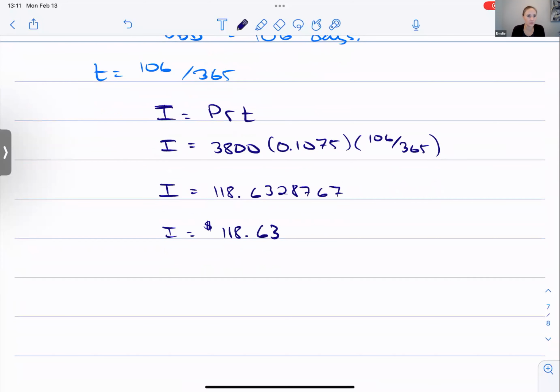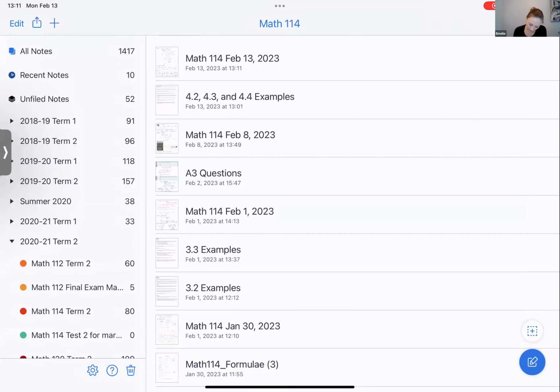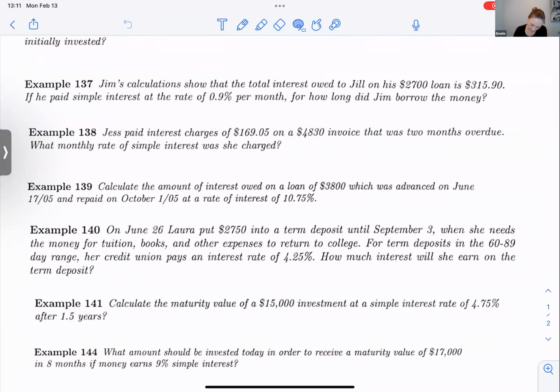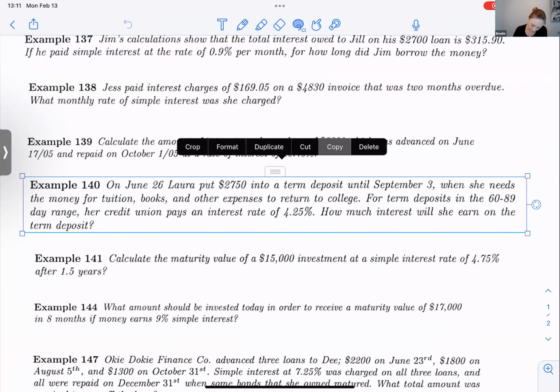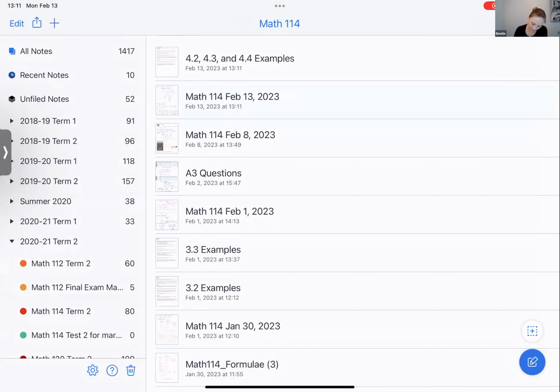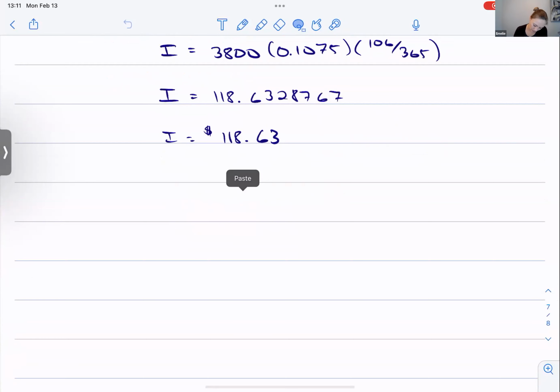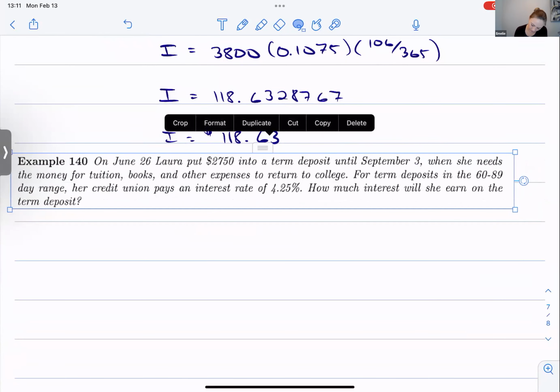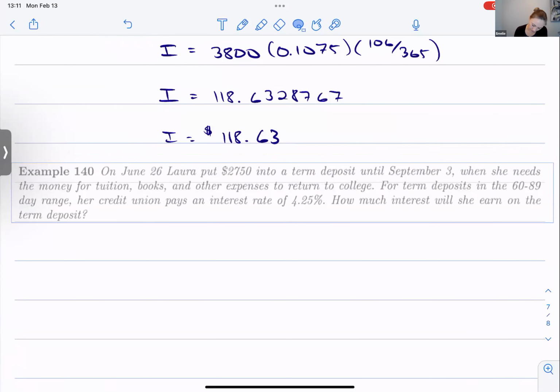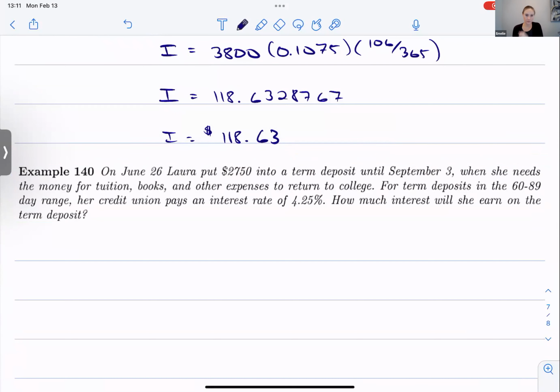All right. Let's try another one. Let's do 140. So this one doesn't have a year.